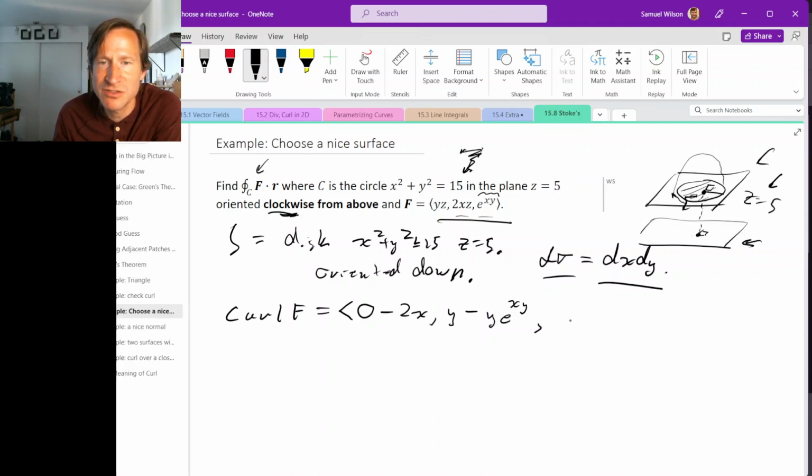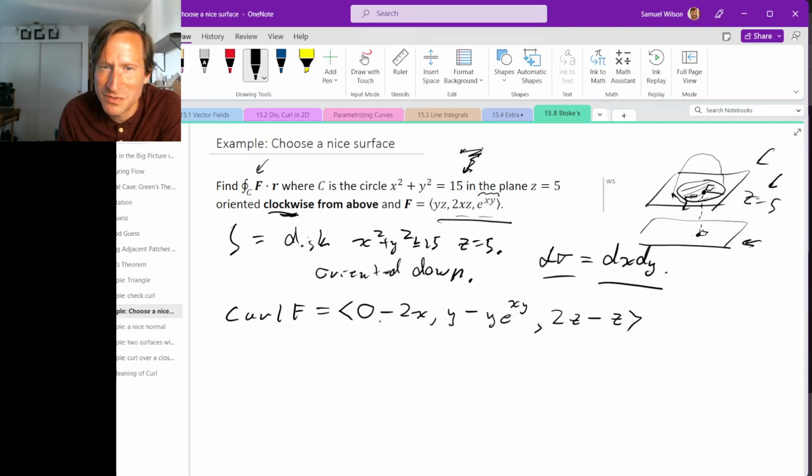And then for our last coordinate, the derivative of n with respect to x, which is 2z, minus the derivative of m with respect to y, which is z. Okay, and I think I made a mistake.